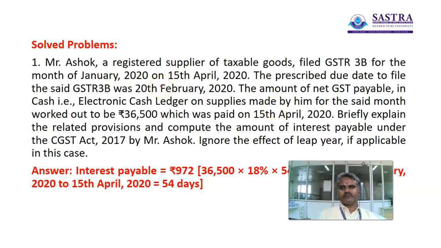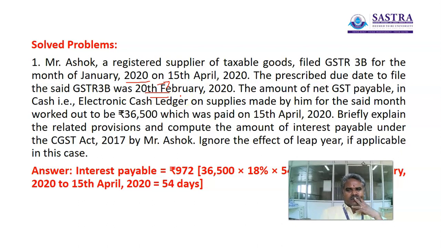Now you see, Mr. Ashok, a registered supplier of taxable goods, filed GSTR-3B for the month of January 2020 on 15th April 2020. The prescribed due date to file GSTR-3B was 20th February. So you have to calculate interest from 21st February to 15th April.